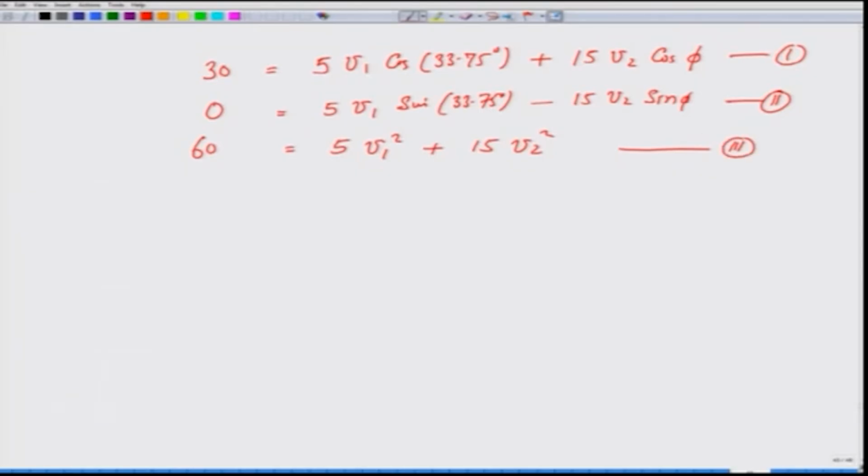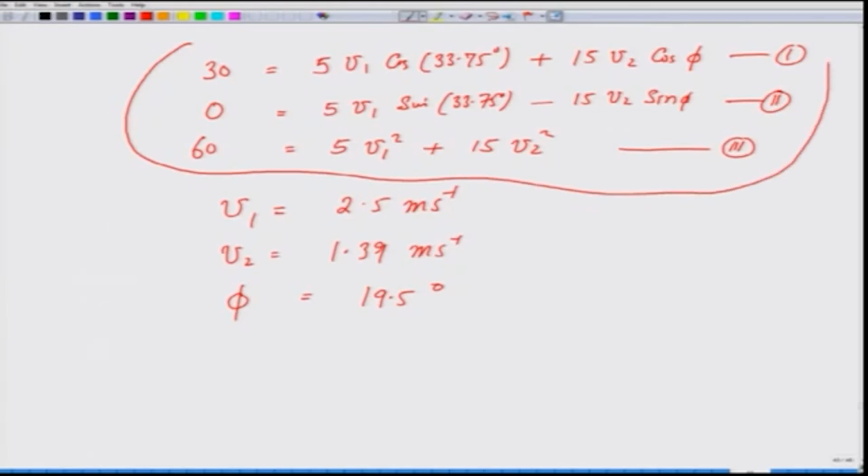I solve these, which I will leave for you, and get answers that v1 comes out to be 2.5 meters per second, v2 comes out to be 1.39 meters per second, and phi comes out to be 19.5 degrees. I will leave the solution, getting the solution for you for these equations.